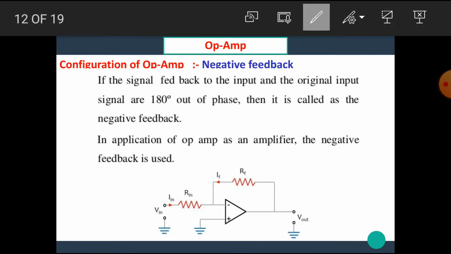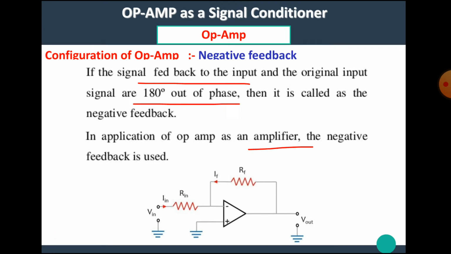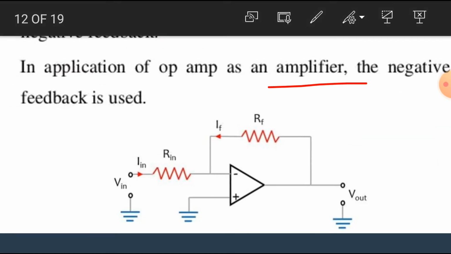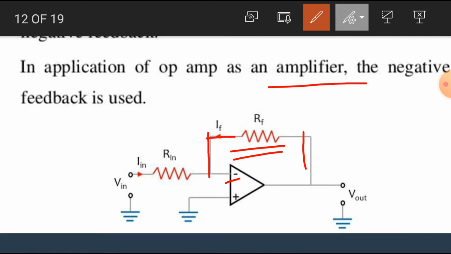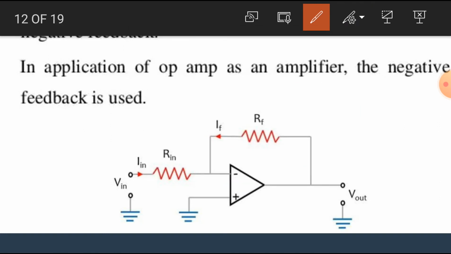Now let's see the negative feedback. If the signal fed back to the input and the original input signals are 180 degrees out of phase, then it is called negative feedback. In application of op amp as an amplifier, the negative feedback is used. That means when the input is given to the inverting terminal and the feedback is taken from the output terminal to the negative terminal through the resistor, then this configuration is called negative feedback.